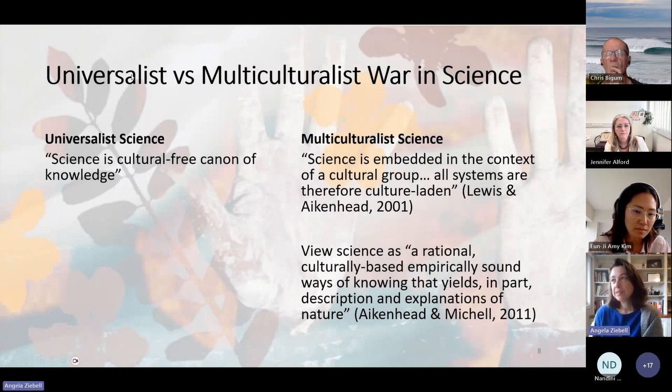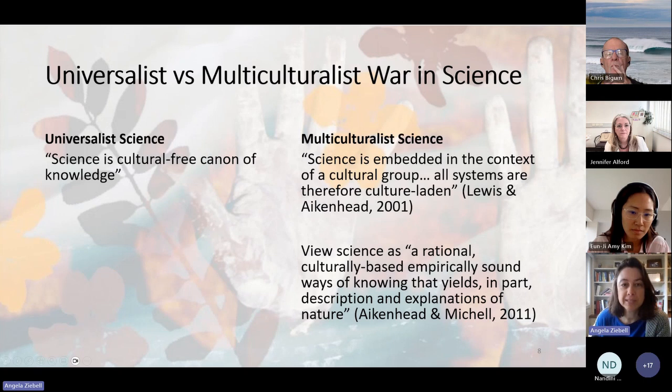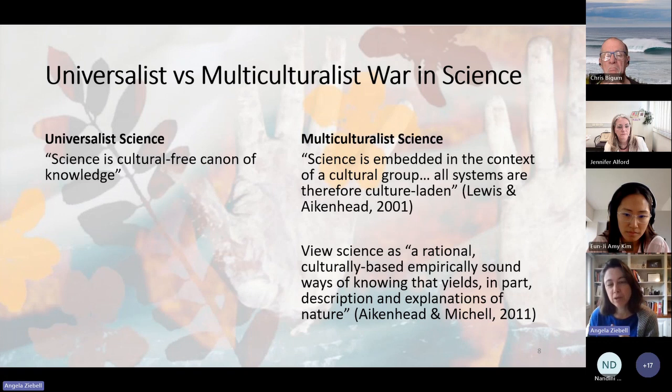So this is the universalist versus the multiculturalist. And the universalist science approach is that science is just culture-free. There's this canon of knowledge that is not influenced by culture. Going not quite to the extreme, but towards the other end, that science is recognised as being embedded in the context of that cultural group.